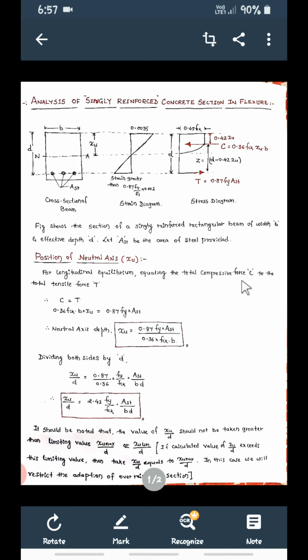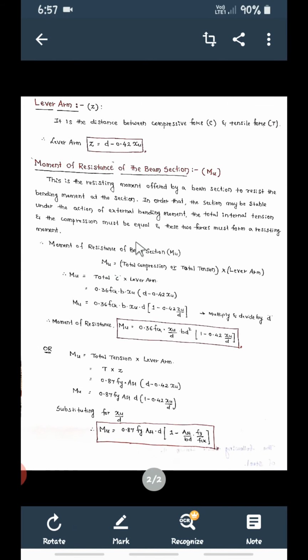When will the beam bend? When the resistance is less than the bending moment. There will be two things: bending moment will come and the resistance will be given by the beam section. When the resistance is more than the bending moment, there will be no bending of the beam. If the resistance is less and bending moment is more, then the beam will bend.